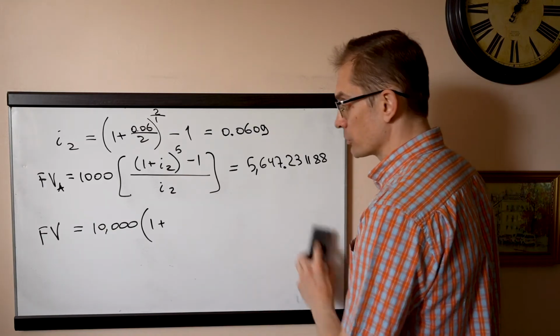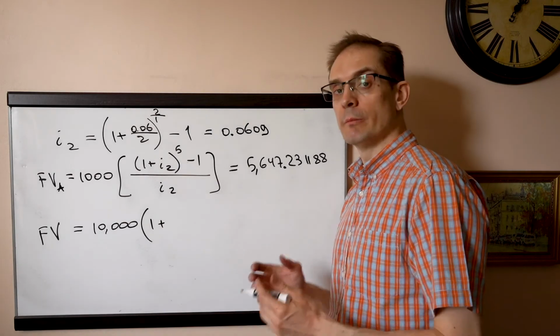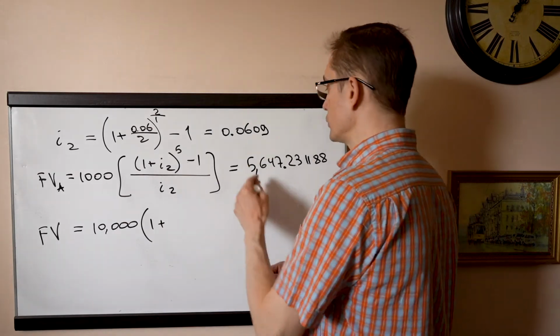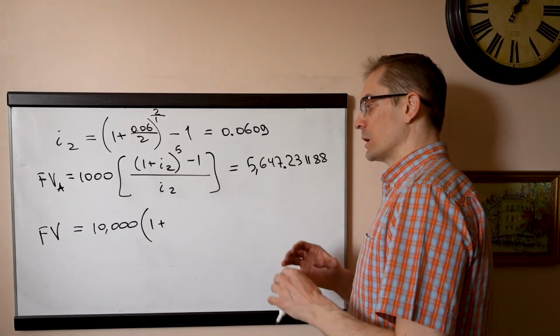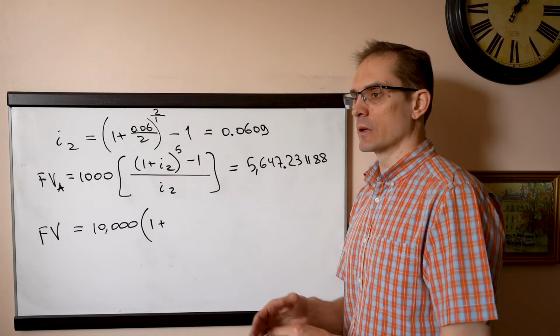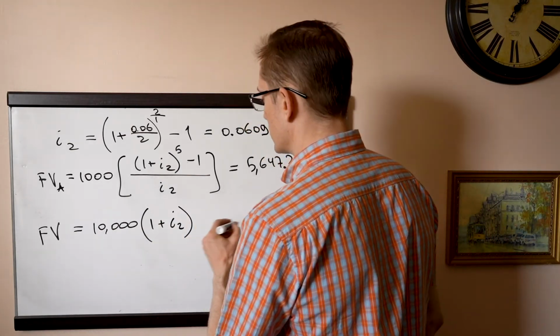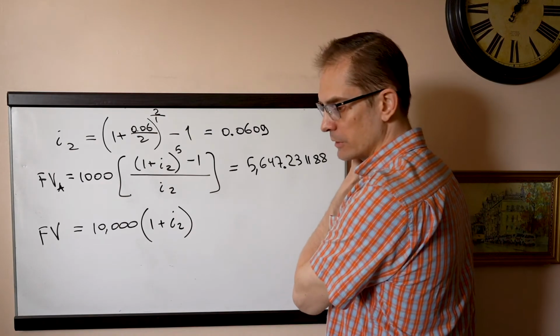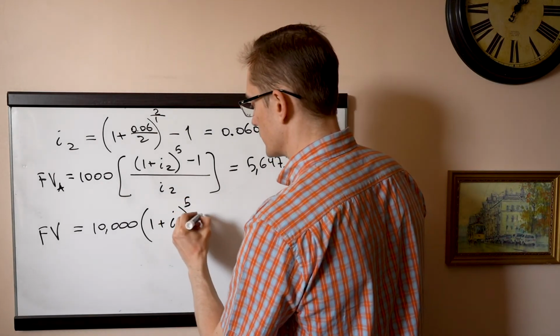And you will need to realize, because that investment is not an annuity investment, it doesn't really matter. I can use I2 or I can use 6% compounded semi-annually because these rates are equivalent. But I will still use I2 simply because it's already in my calculator and it's more straightforward. So I2 times 5, right?